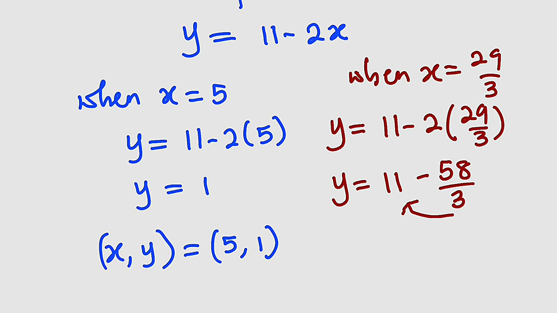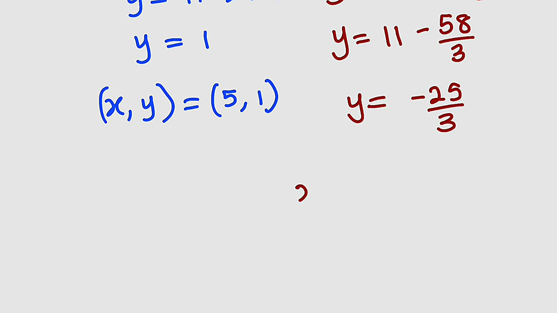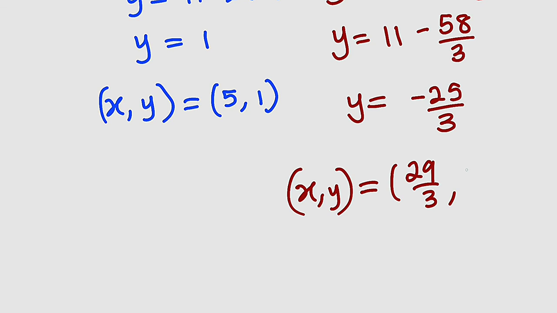That will give us 33. 33 minus 58 will give us negative 25. So we have y equal to negative 25 divided by 3. Another combination of values: when x is equal to 29 divided by 3, y will be negative 25 divided by 3. And hence, these are the two solutions to this problem.